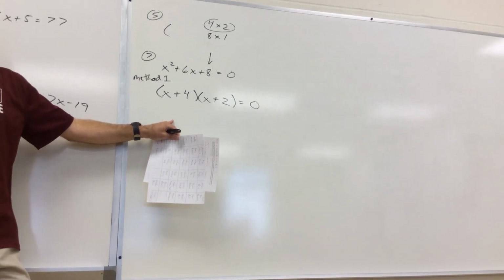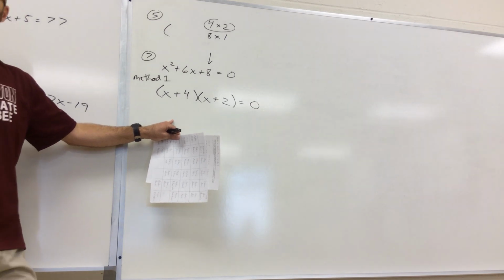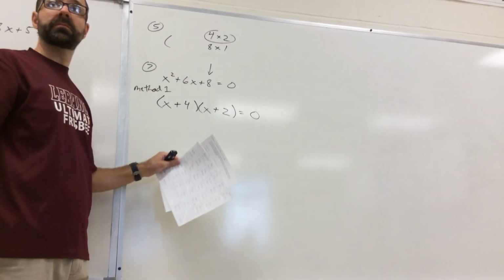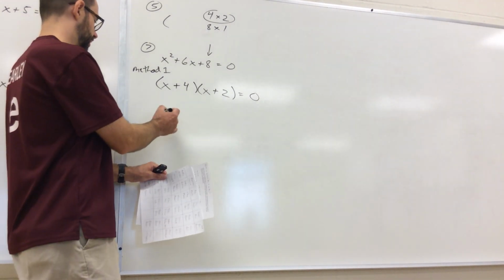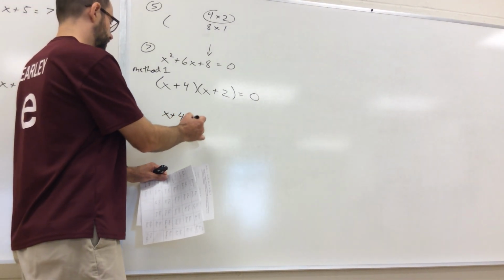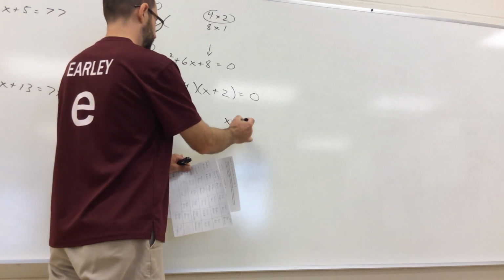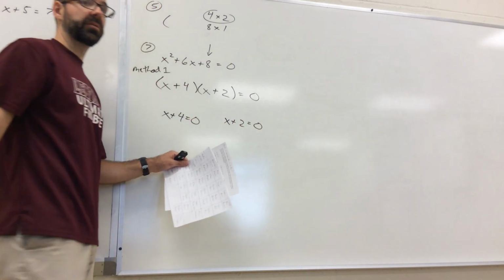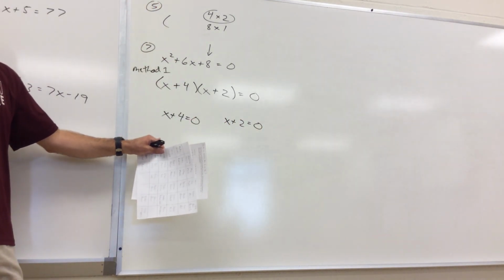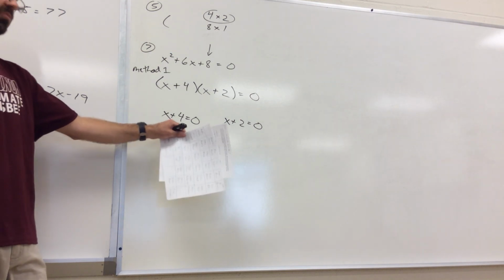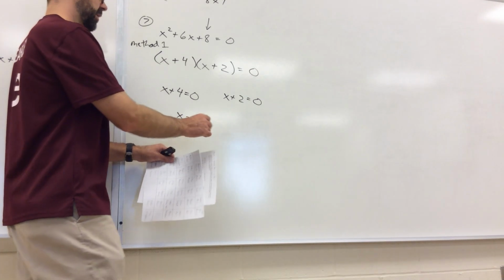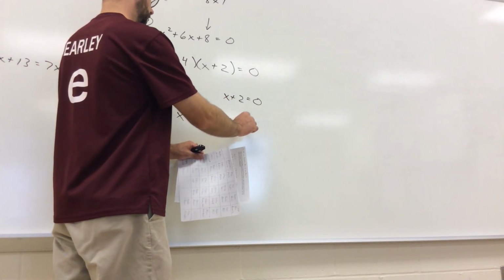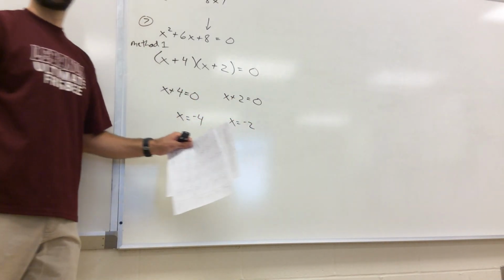It's been a while maybe since you did a problem like this. Okay, Emma? You put both of them equal to 0. Good, so x plus 4 equals 0, and x plus 2 equals 0. And then after that it's easy. You just subtract the 4 to get negative 4, and subtract the 2 to get negative 2.